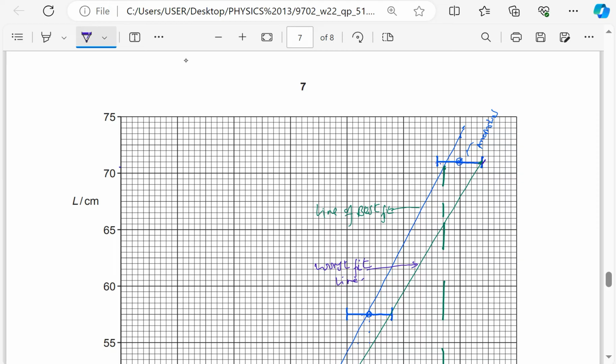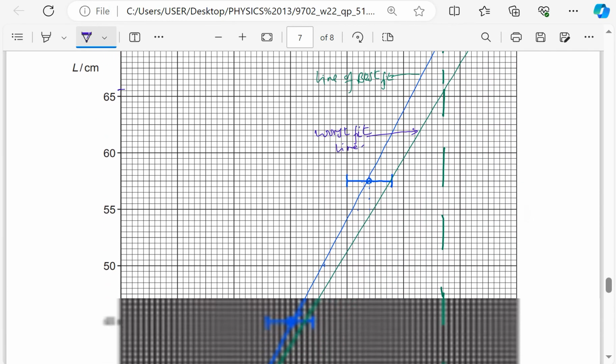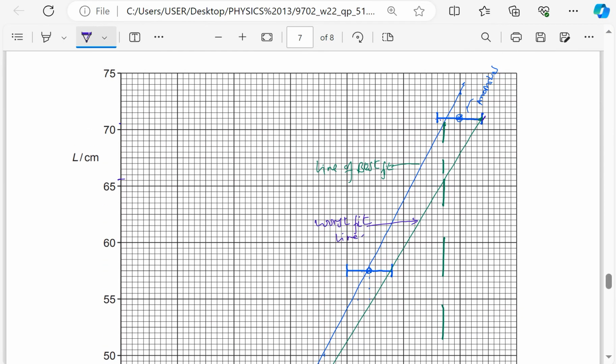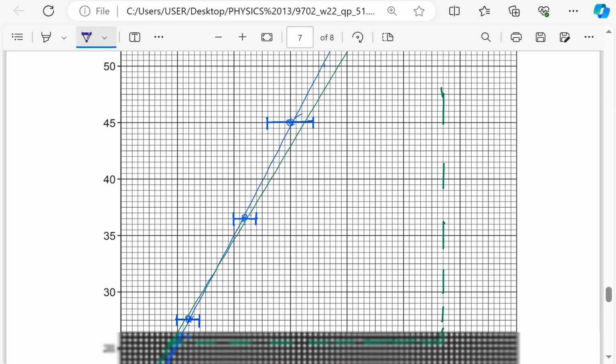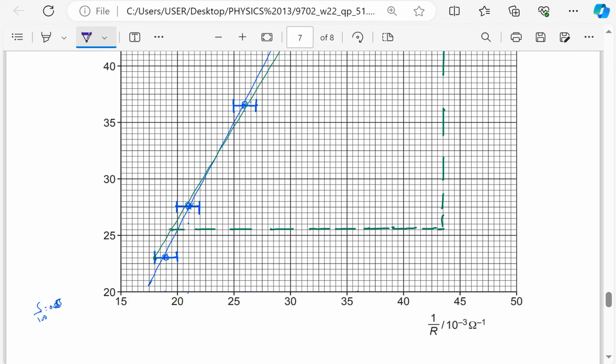And for the worst fit, my y2 is going to be this point here, which is 65.5. Then that is y2. x2 is the same for both. So we have this point here, it is going to be the value for x2 for both, which is 41, 42, 43.5. So x2 is 43.5 for both lines.